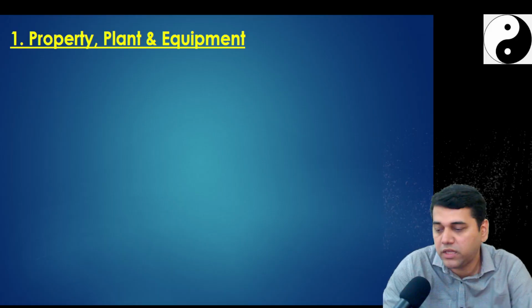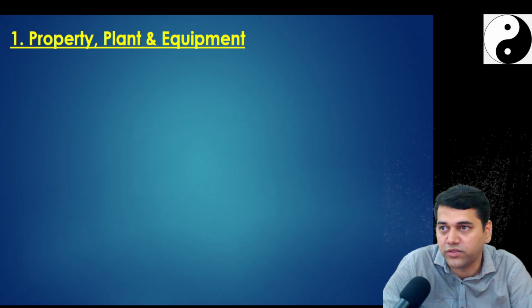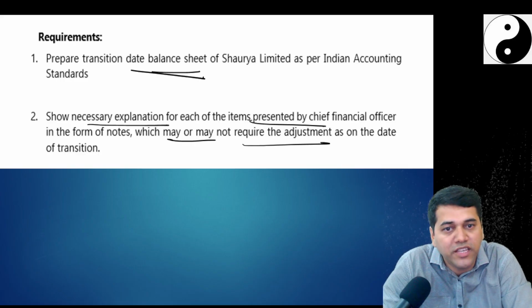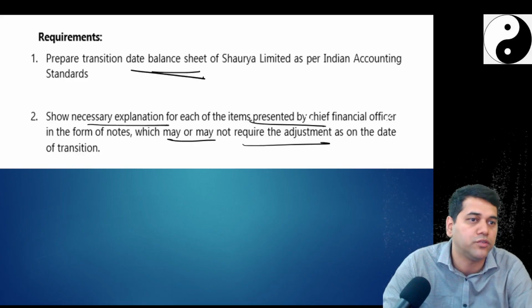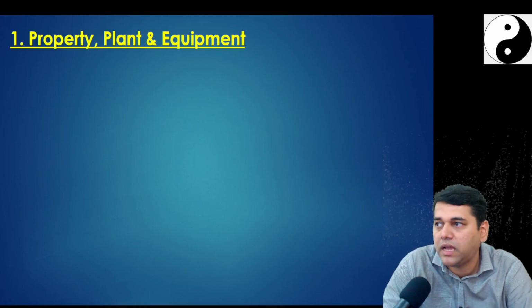Okay, first we will go with the property, plant and equipment. We will go in the same CFO's notes, because question says what? Show necessary explanations for the CFO part. So I will go with the CFO. First, what CFO told about PPE?